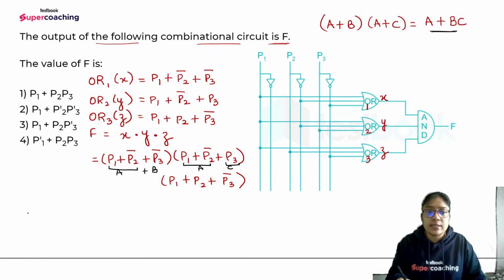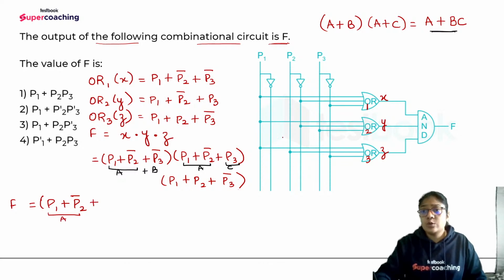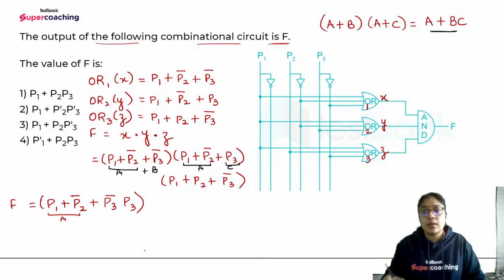So I can write this expression as F comes out to be P1 plus P2 complement, this is A, plus I need to write B and C. So B is P3 complement and C is P3. Remaining terms, I'm keeping this as it is: P1 plus P2 plus P3 complement.